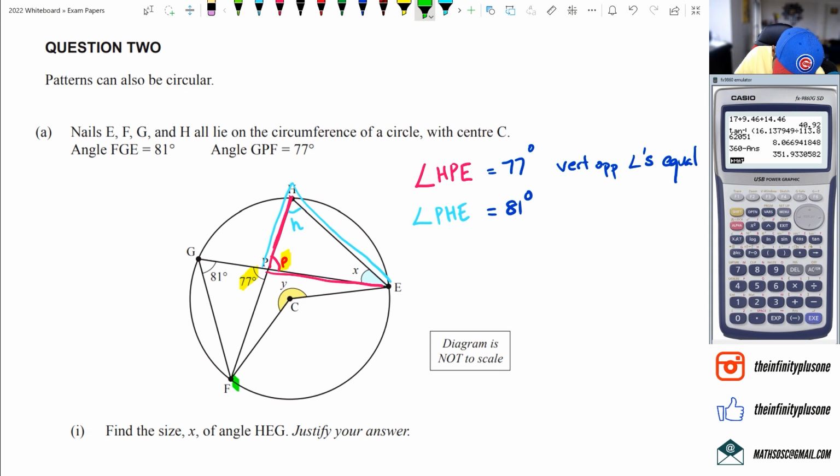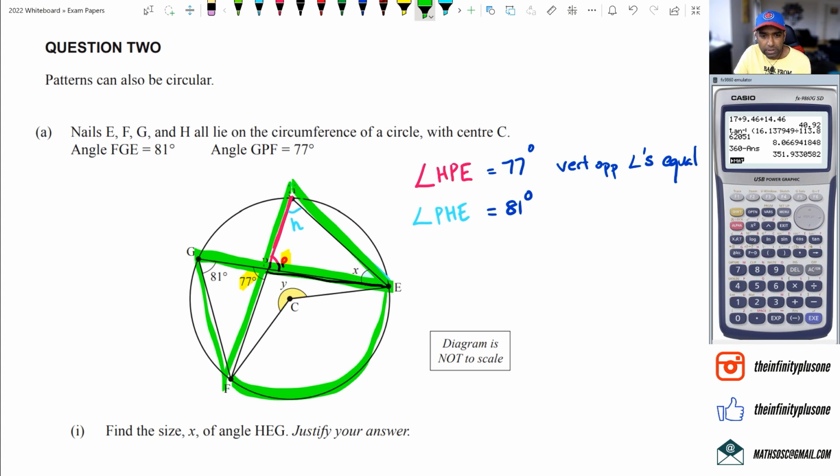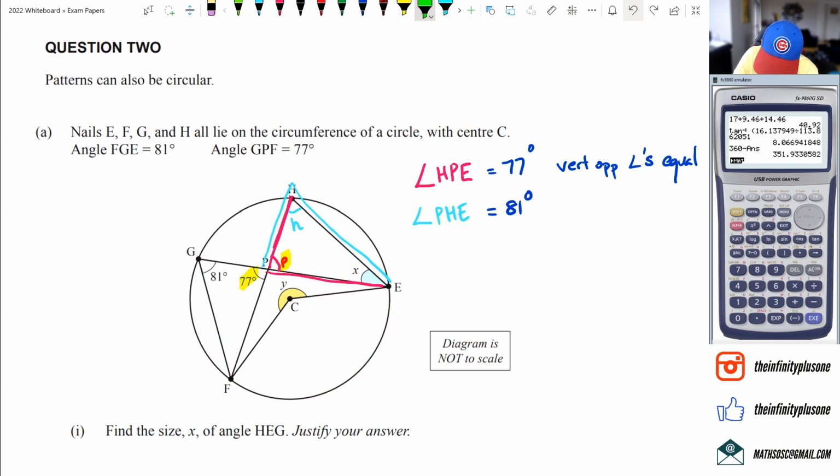So if you look at it, this is the arc, and you've got this angle. Those two angles there should equal each other. So that's how I'm getting that H is equal to 81 degrees. Just going to get rid of this for now because we're going to need that later on. So for this one, we're going to say angles on same arc.